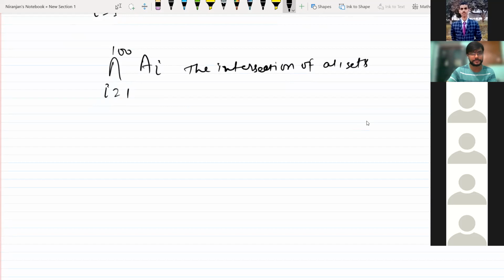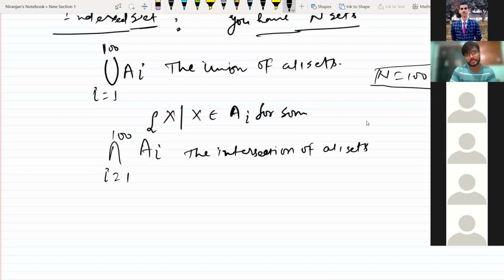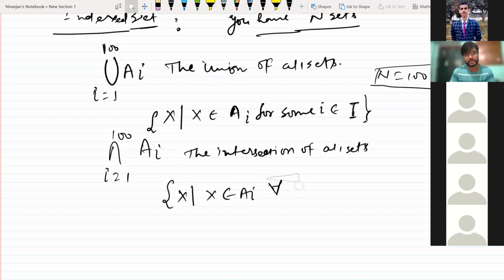I mean that in set theory notation, I can say x is such that x belongs to A_i for some i belongs to the index set I. And similarly, x belongs to A_i, this is a quantifier, for all i belongs to I.